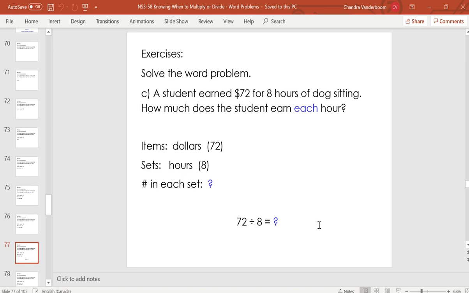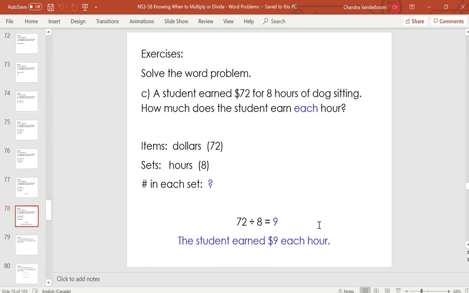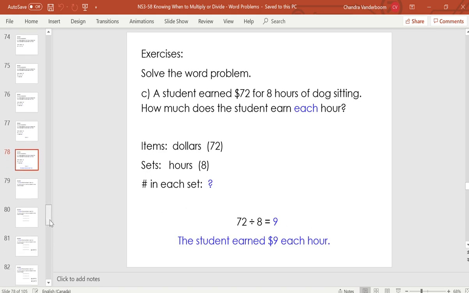Ready with your fists? 8, 16, 24, 32, 40, 48, 56, 64, 72. How many fingers? 9. The student earned $9 each hour.